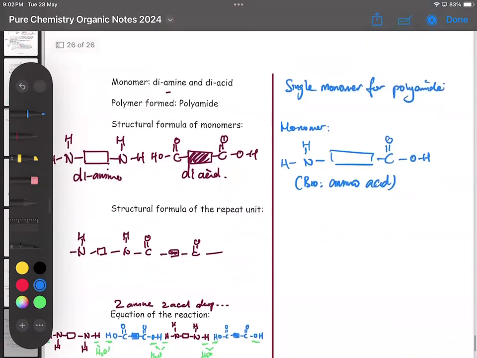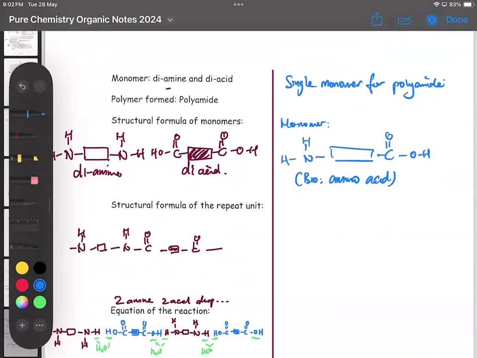So by the same logic, if we were to draw two of the structures, they will drop hydrogen for the amine side, OH for the acid.